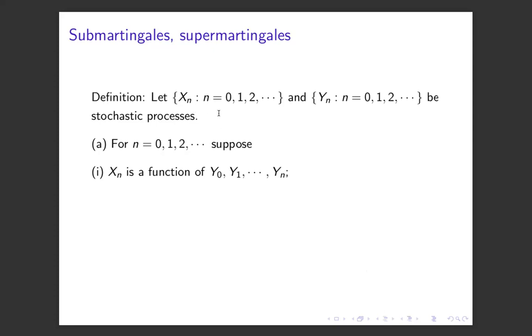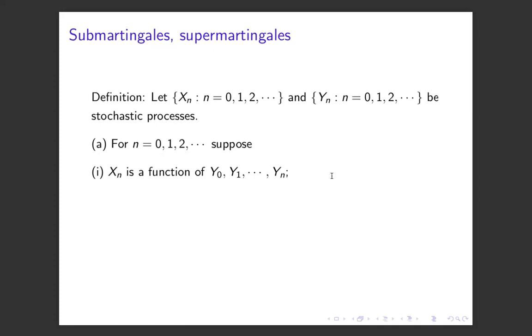When the defining property was an equality, from that definition and what we know about conditional expectation, it turns out that xn is a function of y0, y1 up to yn. Since here the defining property is not an equation, we have to assume a priori that xn is a function of y0, y1 up to yn.